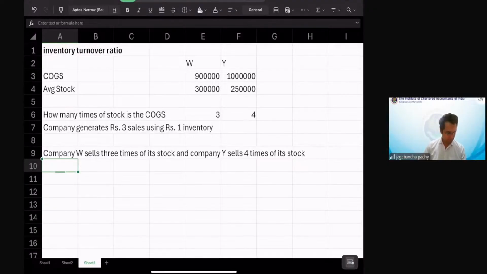So obviously, company Y is utilizing the stock in a better possible way, right?